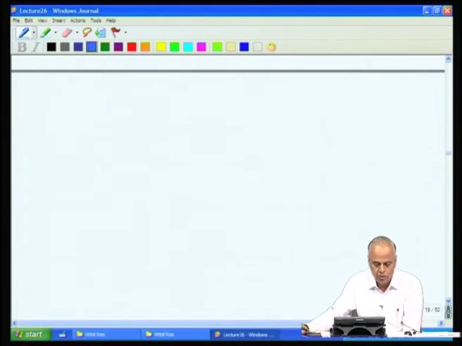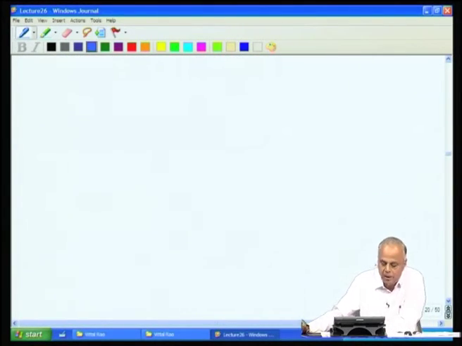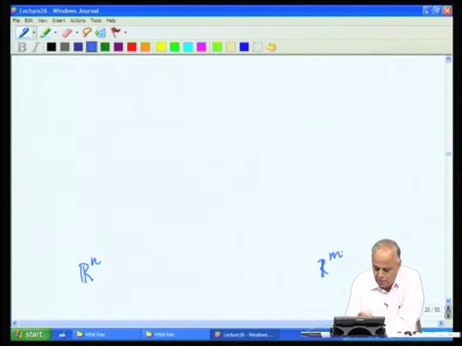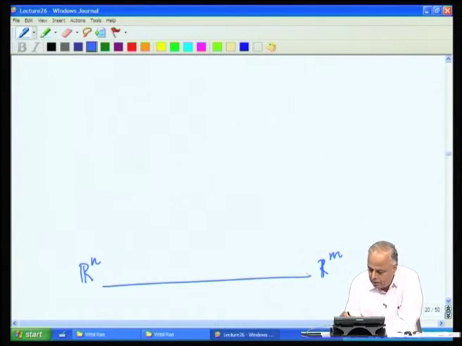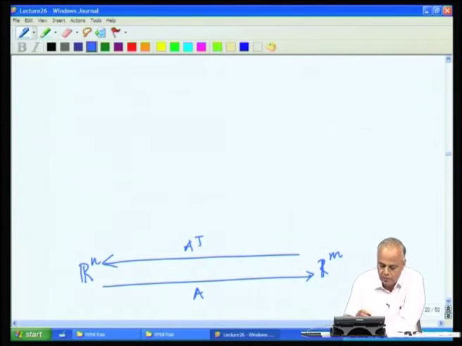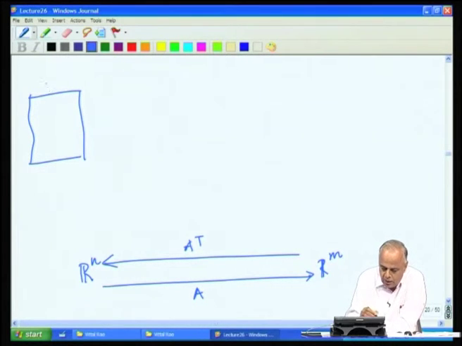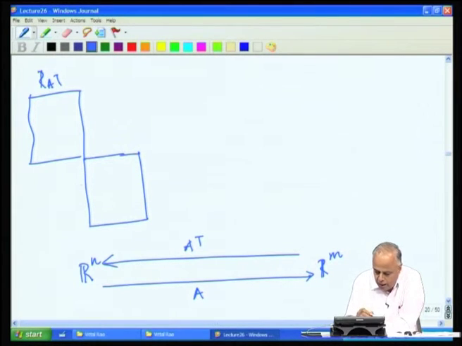So, the structure is as follows. We have R n on the one side, R m on the other side. A takes n vectors to m vectors, A transpose takes m vectors to n vectors. On the R n side we have two subspaces, the range of A transpose and the null space of A, and they are orthogonal to each other.